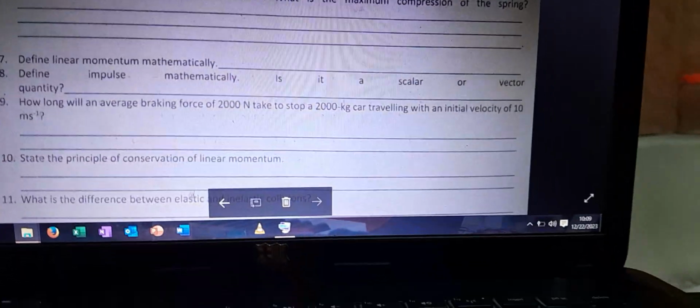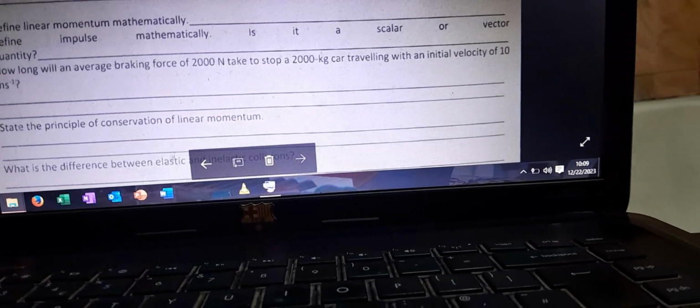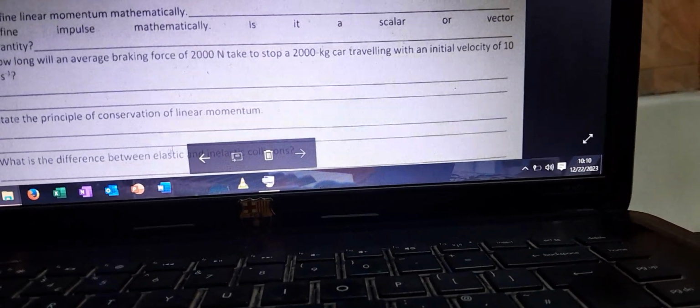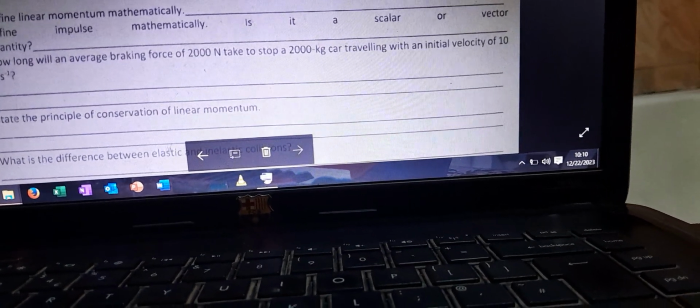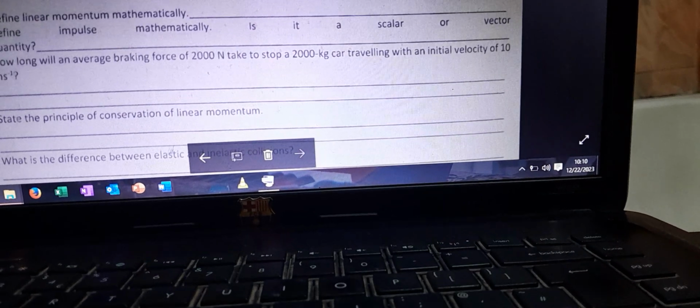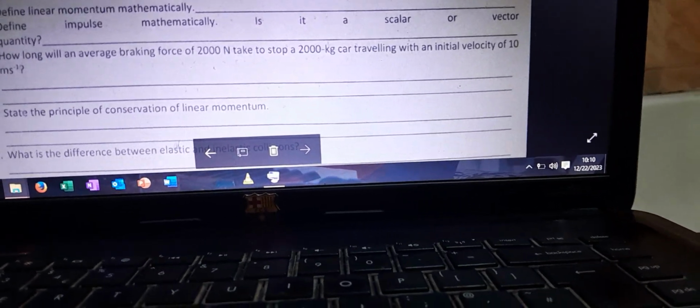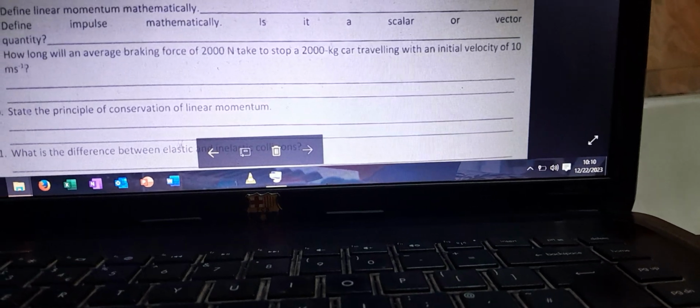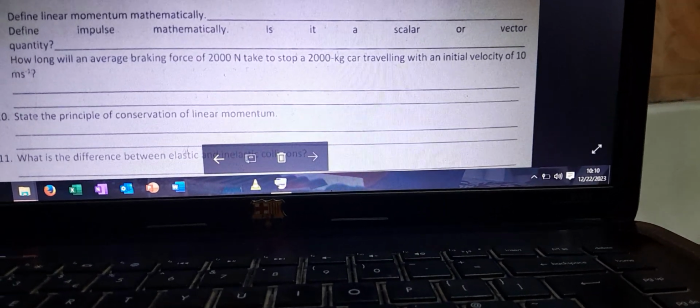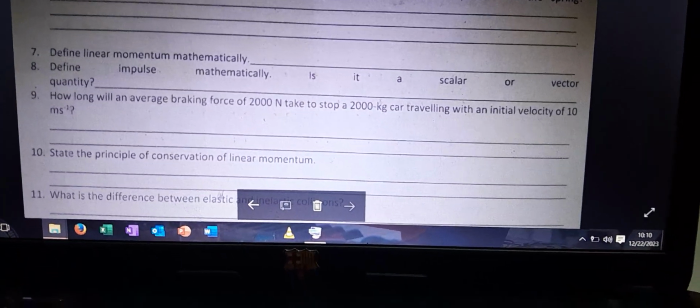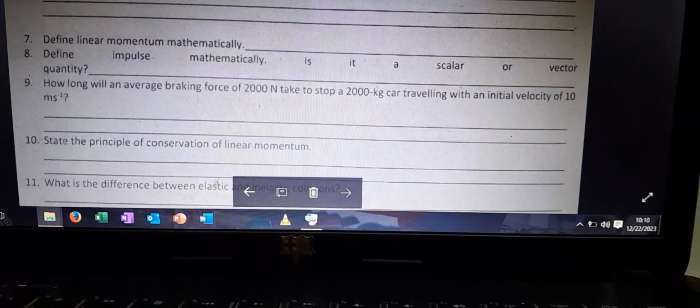All right, let's move to the next thing. Question 6. How are we going to solve that question? To find the maximum compression of the spring, we can use the conservation of mechanical energy. The initial kinetic energy of the mass is converted into potential energy stored in the spring when it reaches its maximum compression.